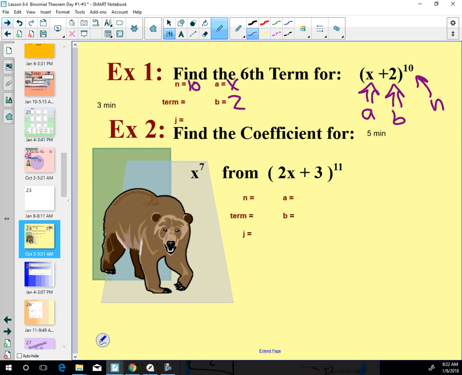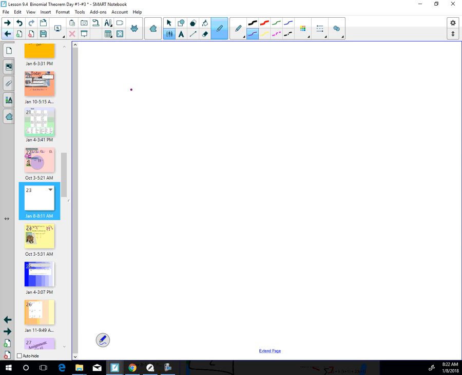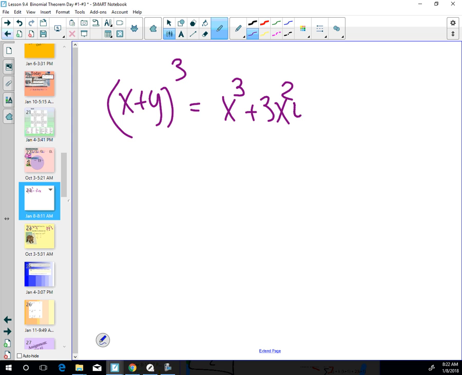Now the term is the tricky part because the term is the power of y. Let's do this real quick. x plus y to the third is x cubed plus 3x squared y plus 3xy squared plus y cubed.